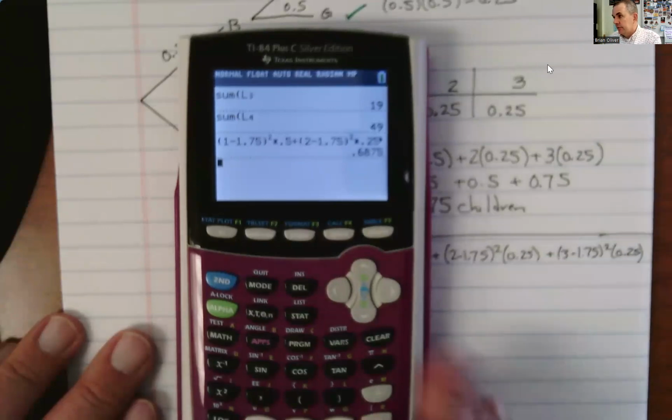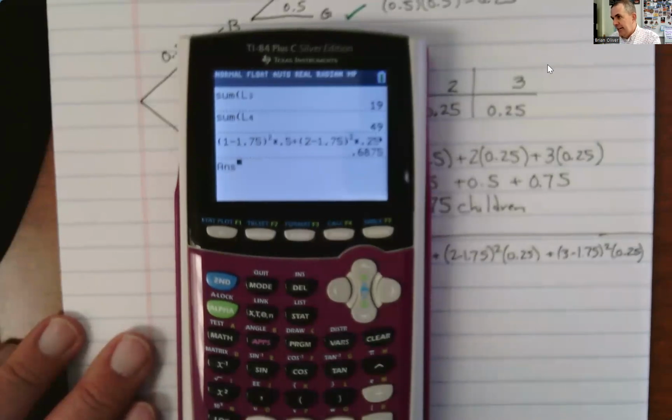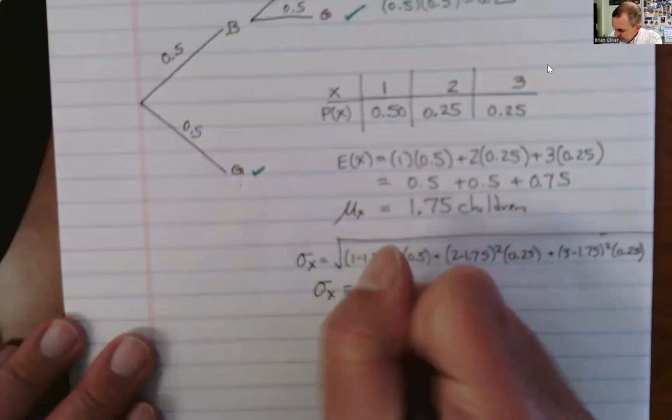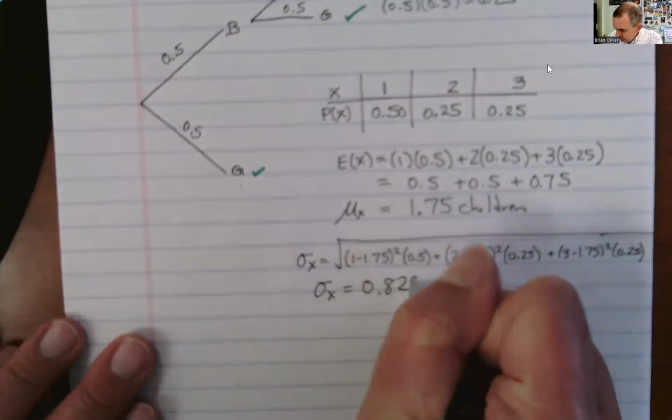And that's our variance. And a quick way to get to the standard deviation is we take the square root of that. So we do square root, or we hit the caret key, answer to the 0.5. It's about 0.8291. So what that tells me is our standard deviation is 0.8291 children.